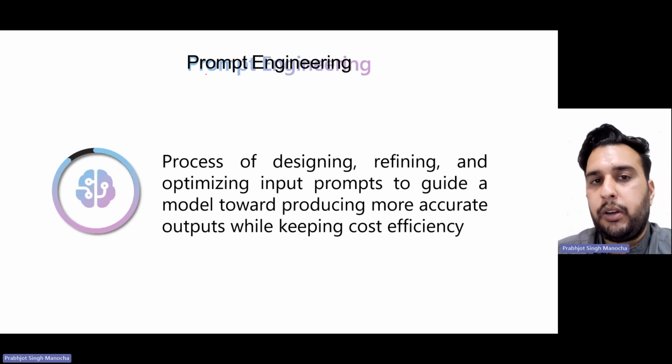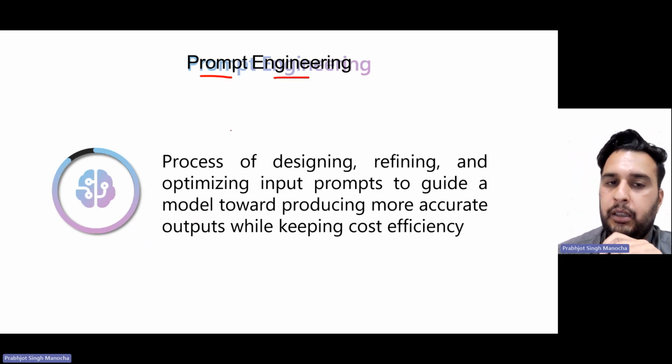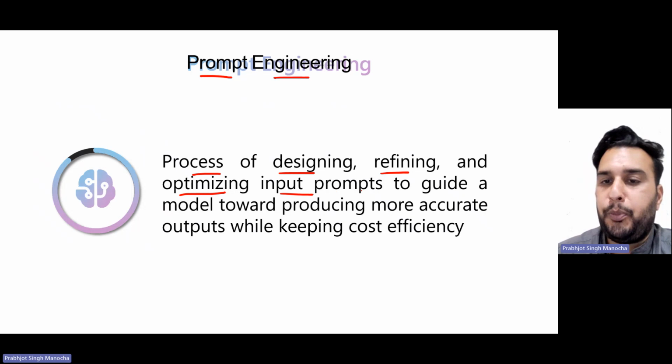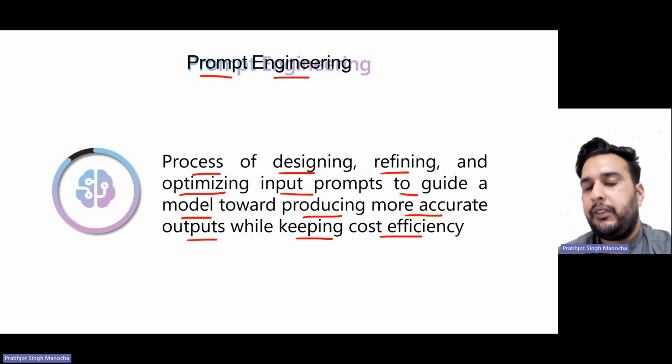And this is what we call prompt engineering. Prompt engineering is the process of designing, refining, and optimizing input prompts to guide a model towards producing more accurate outputs while keeping cost efficiency.